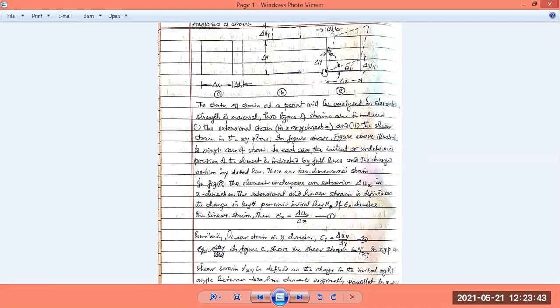And this line which was originally parallel to the y direction is now deformed by an angle theta 2 with the y direction. This point is moved to this point, given by delta Uy, and this point is moved to this point, given by delta Ux.